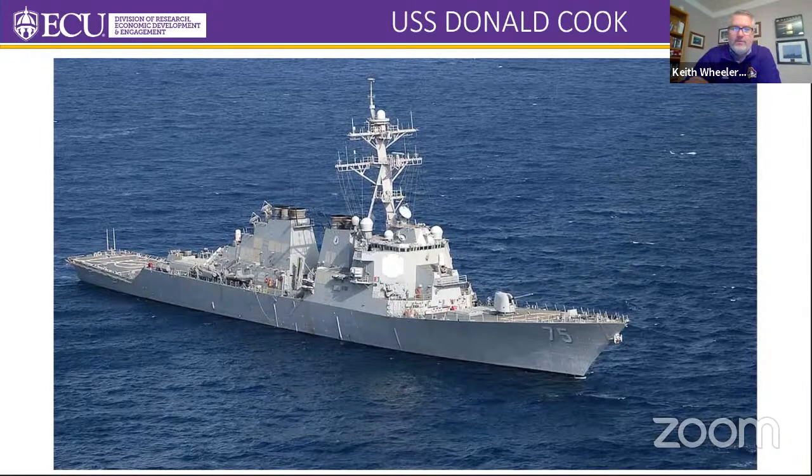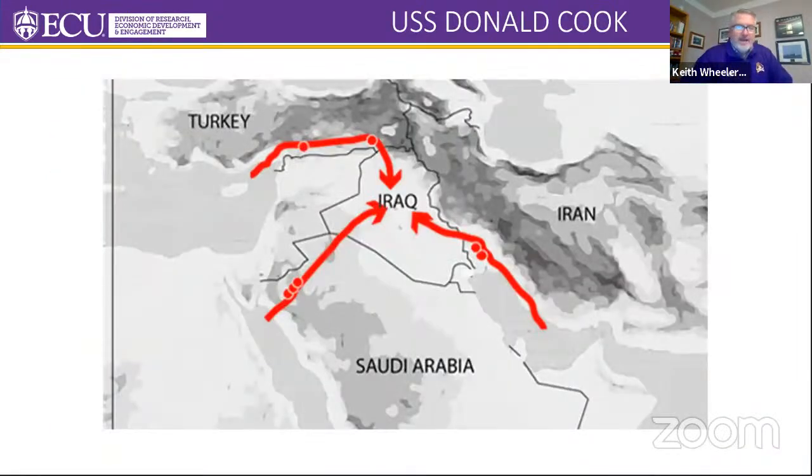Let's see. So just one interesting mission: when I was on Donald Cook, I was the executive officer back in Iraqi Freedom. So you remember Saddam Hussein. When we were planning, some people call it shock and awe.